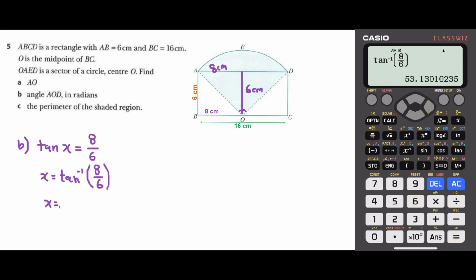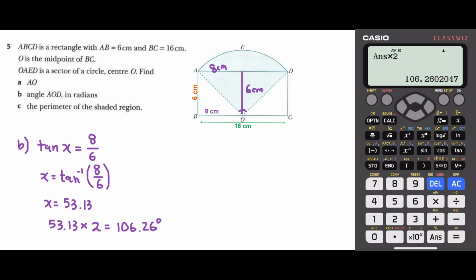Angle x equals 53.13 degrees, which is half of angle AOD. To get the complete angle AOD, we will multiply this answer by 2. Angle AOD equals 106.26 degrees.